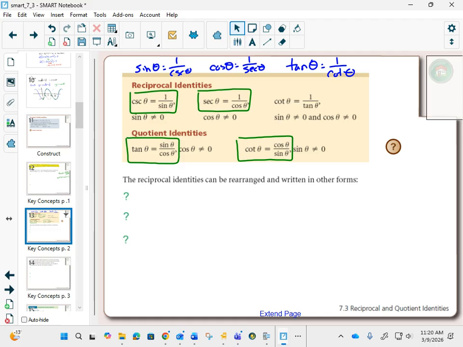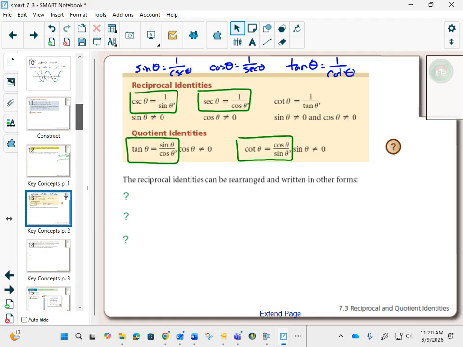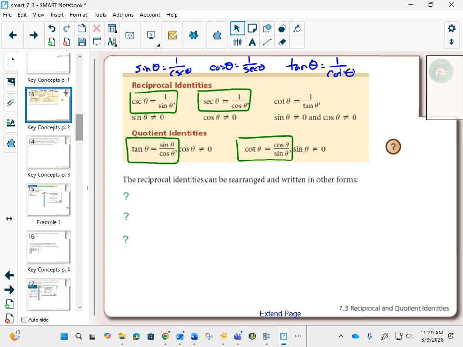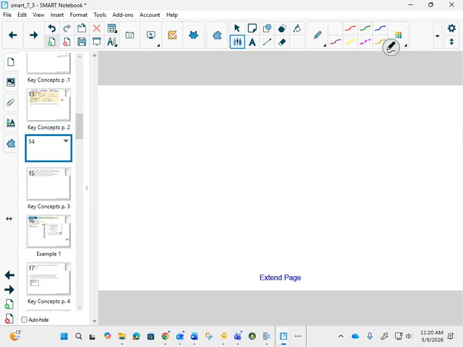Okay, now I handed out a paper to you guys, and I'm going to introduce you to trig identity proofs. A bunch of this unit is going to have questions that say prove.